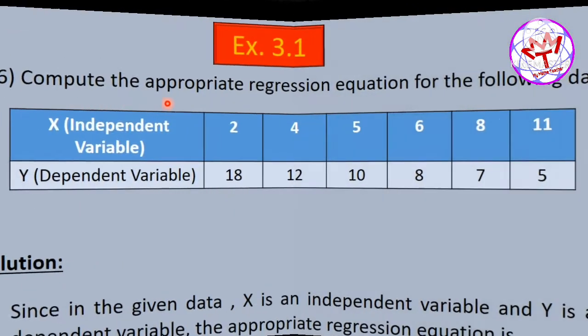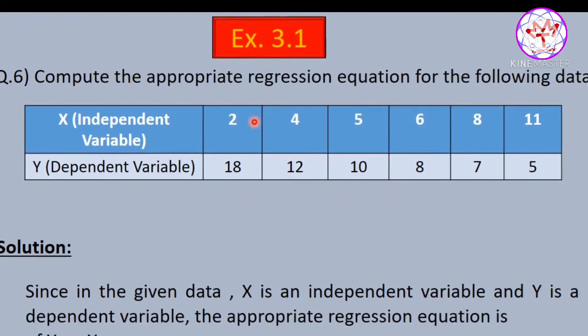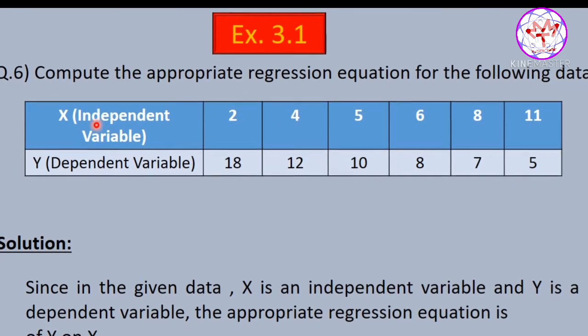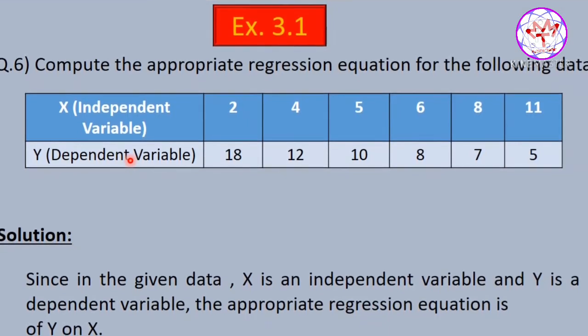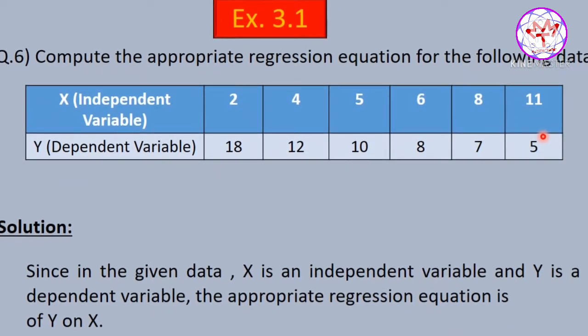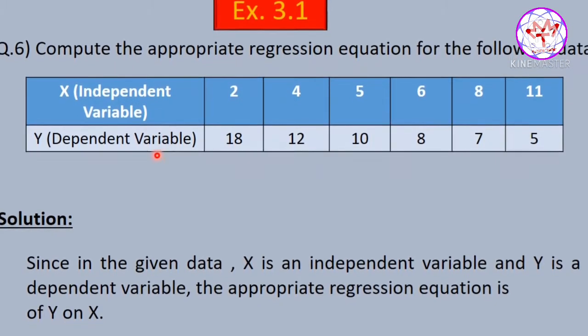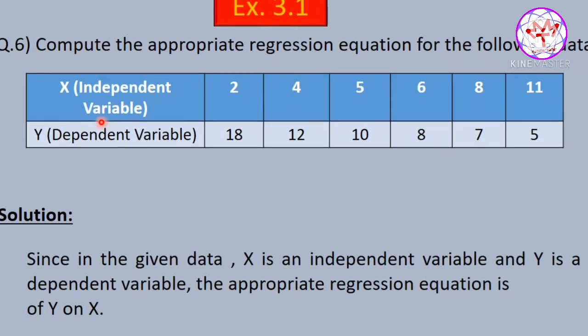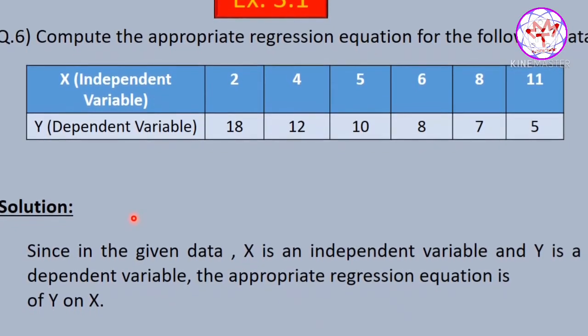The question is compute the appropriate regression equation for the following data. Now here you can see in the table x is the independent variable and y is the dependent variable. And these are some values of x and y that are given. Now we have to calculate the regression equation of y on x, since y is the dependent variable and x is the independent variable.